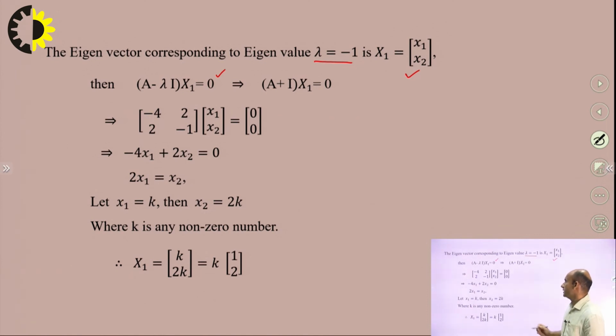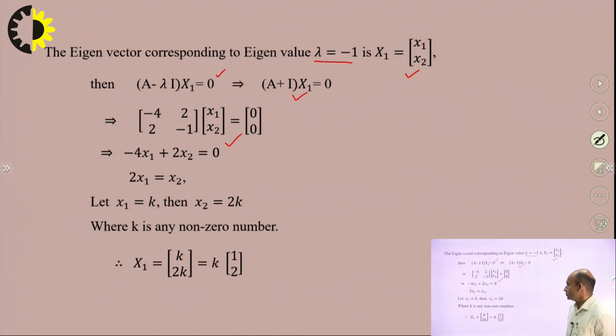Then the corresponding eigenvector will be the solution of this equation. Here we have lambda as minus 1, so we get the solution of the equation A plus I x1 equals 0. Here we have to find the vector x1. Now after putting the values of A and lambda, we get this system of equations, and after writing in equation form, we get minus 4x1 plus 2x2 equals 0, or we have 2x1 equals x2.